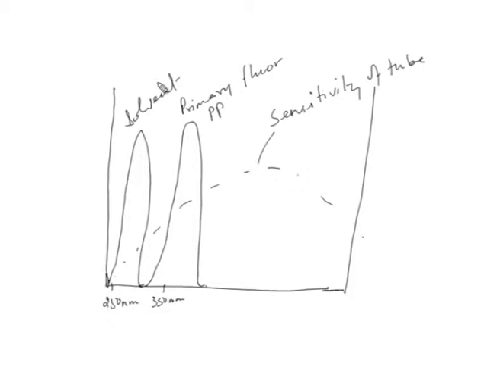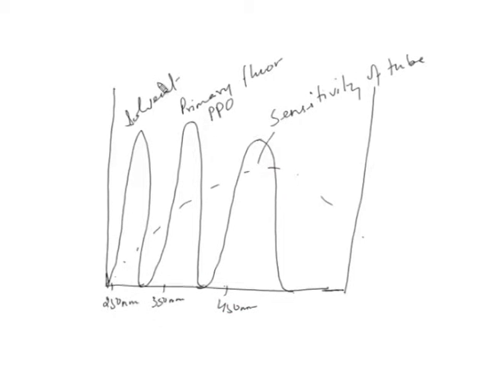This is the primary fluor, that is PPO. If the light cannot be efficiently collected from the primary fluor, then efficient measurements cannot take place. So, you require a second fluor, which will be called the secondary fluor.